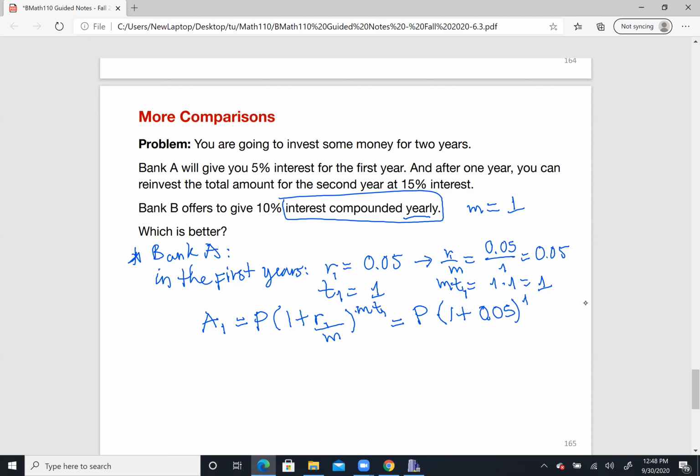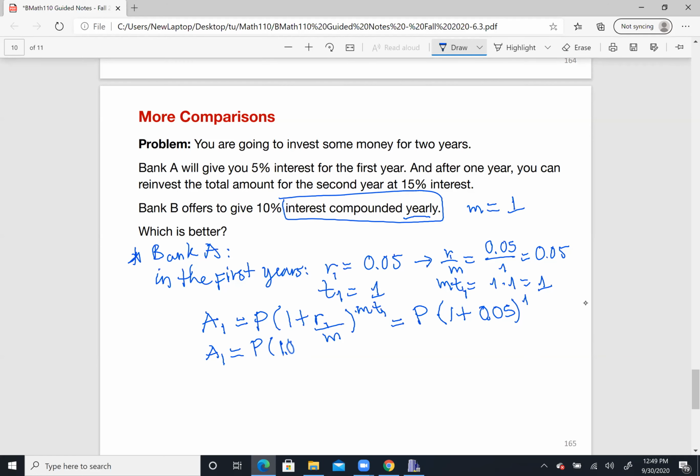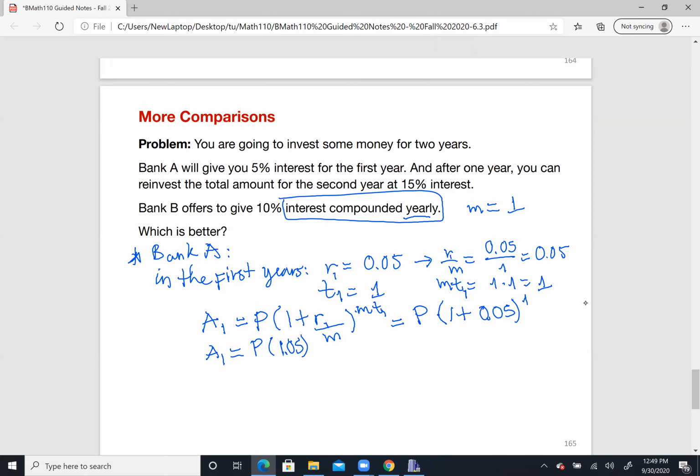Right. So you will have A1 equal to P times 1.05. Right. So that is for the first year.